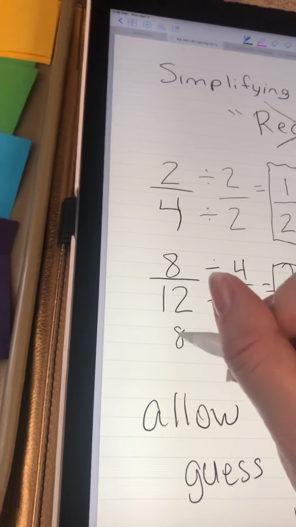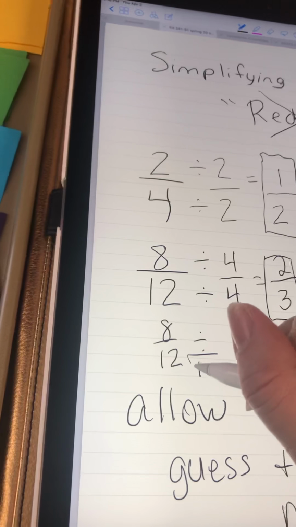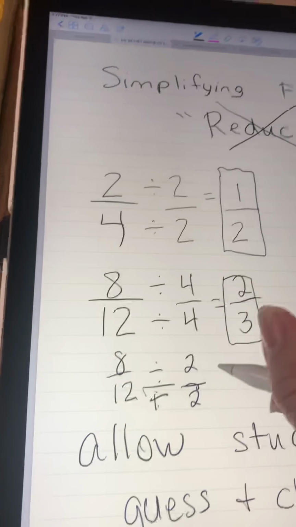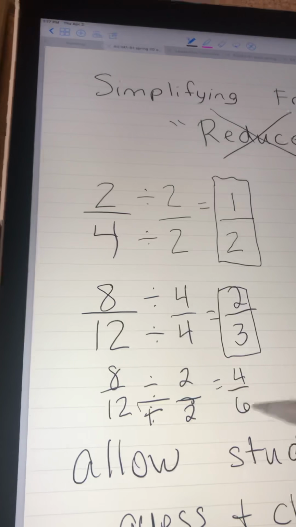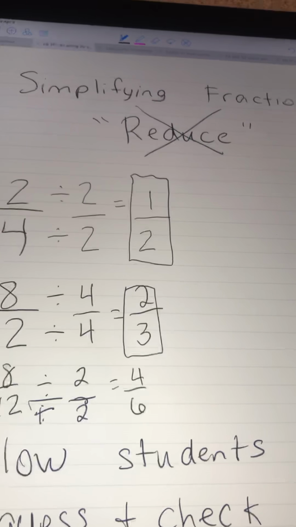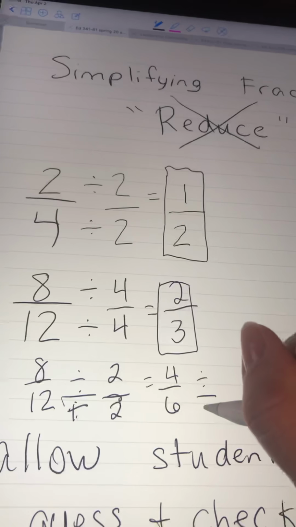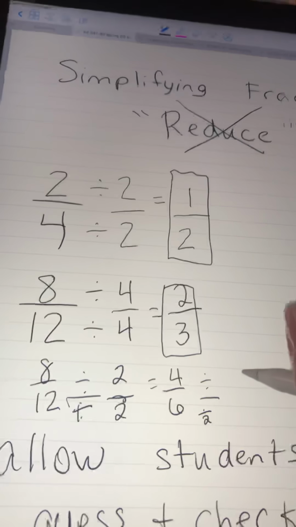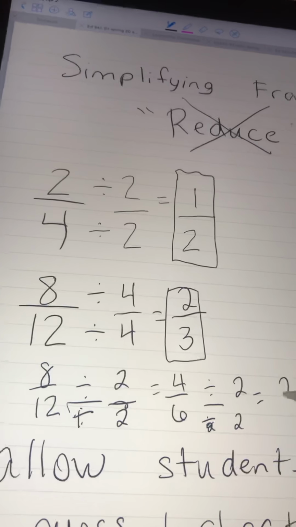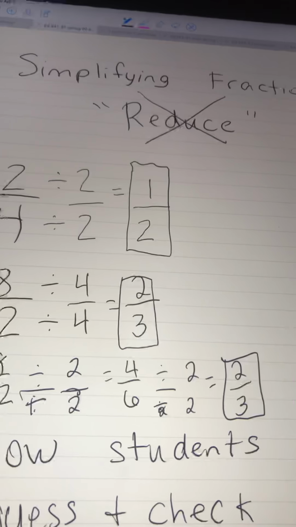However, some students may have more difficulty with that, and they may need to divide the numerator and the denominator by 2, and that becomes 4/6, which is an equivalent fraction, but it is not the most simplified version, so they would need to divide the numerator and the denominator by 2 again, and come to the conclusion that 2/3 is equivalent.